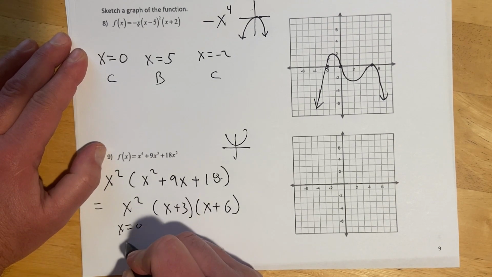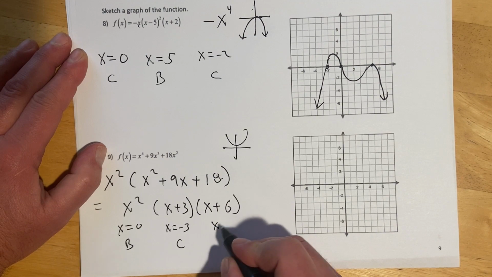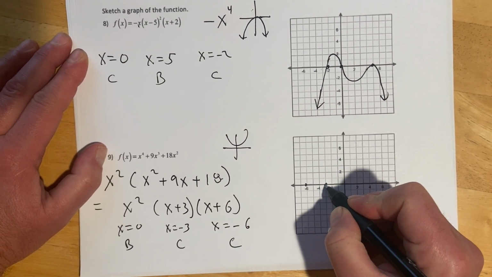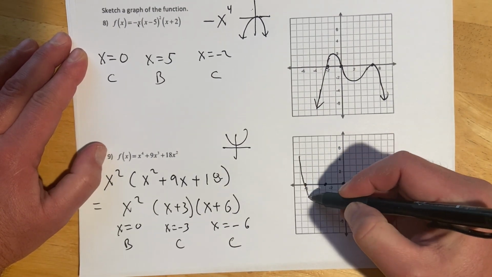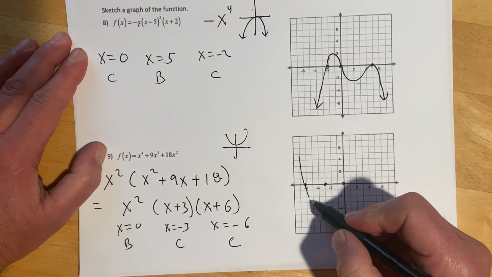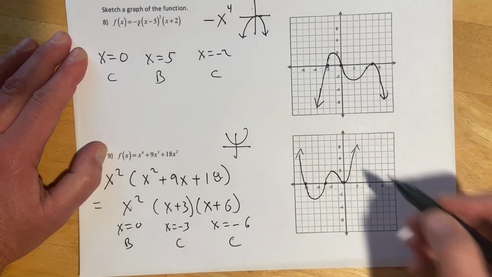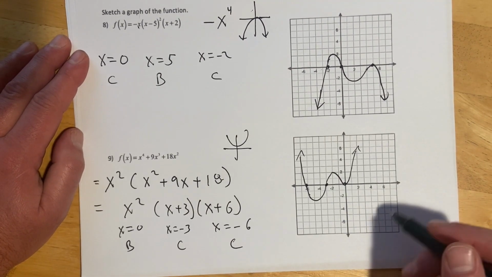So x equals 0 with a bounce, x equals negative 3 with a cross, and then negative 6 and cross. So there's my intercepts. I'd be starting from the top, crossing on the 6, I am crossing on the 3, and I am bouncing off of the 0.